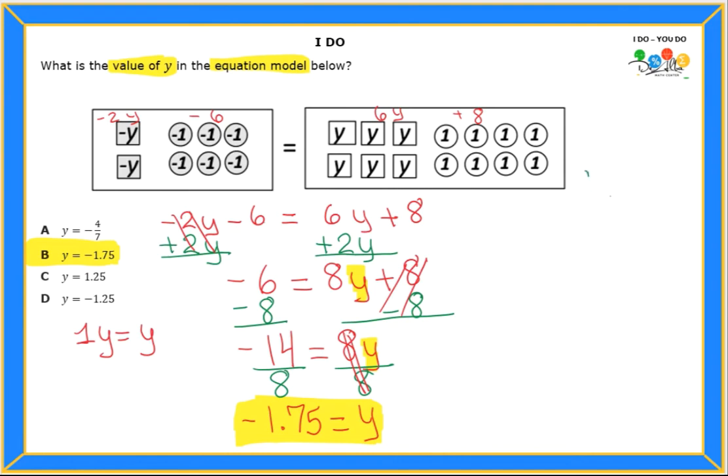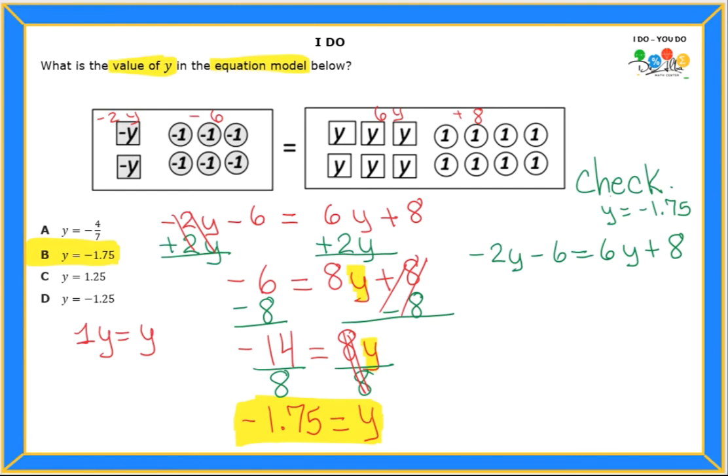So what do I mean by check? Well, check means that I am going to replace y with a negative 1.75. I am going to write down my equation again. So I'm going to write down negative 2y minus 6 equals 6y plus 8.